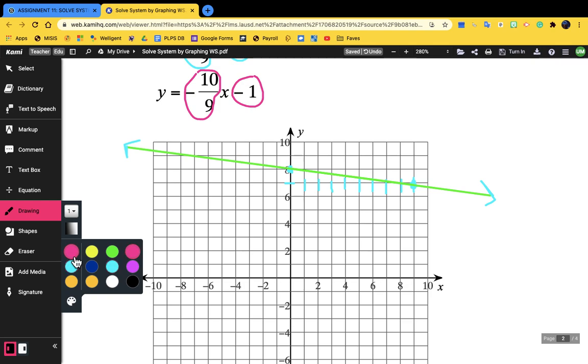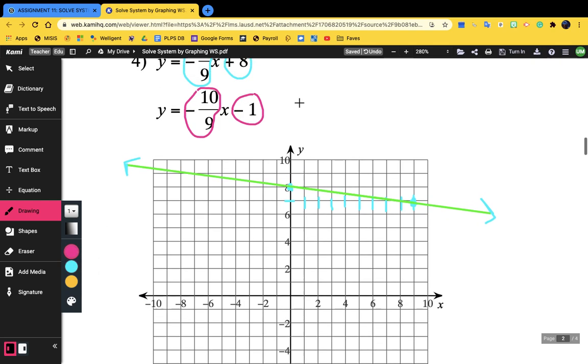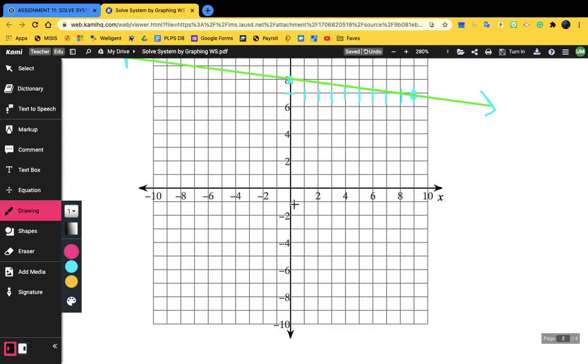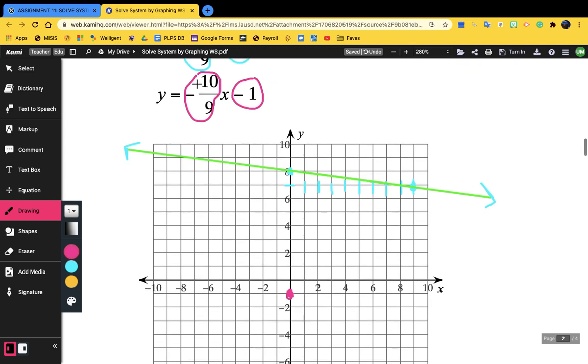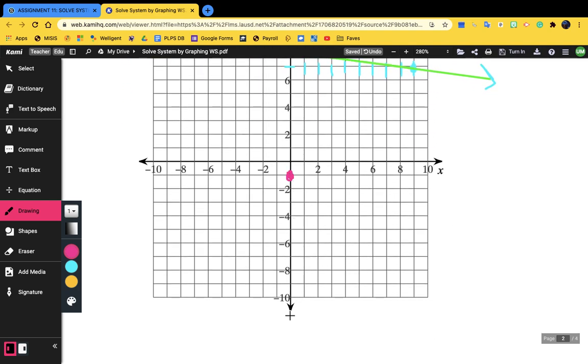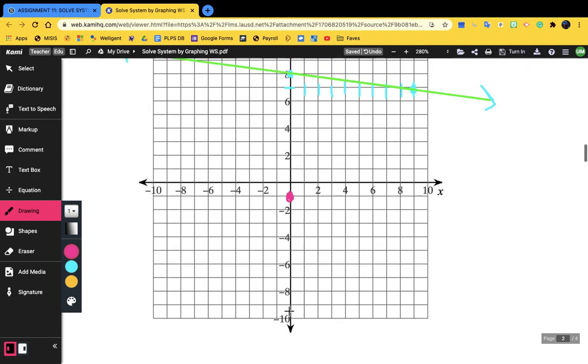Okay. My second equation here is negative 1, so I'm going to go down to negative 1 here. Okay. Now this says down 10. Now negative 1, if I go down 10, I'm going to go to negative 11, so there is no negative 11. So I'm going to do the opposite.